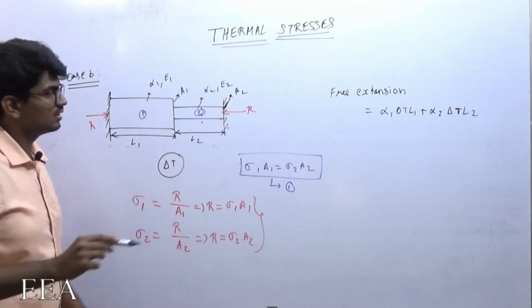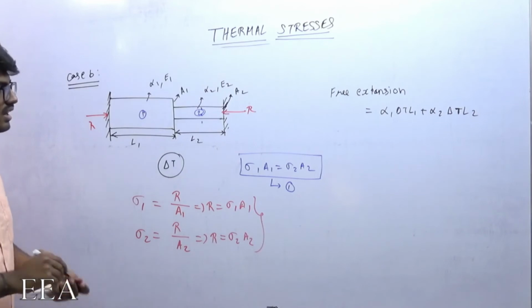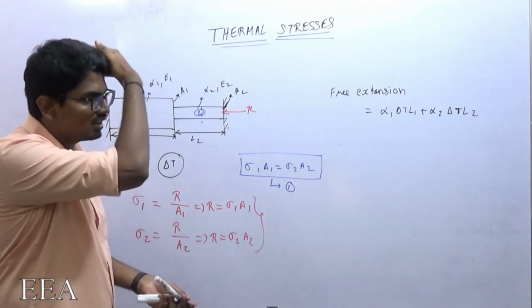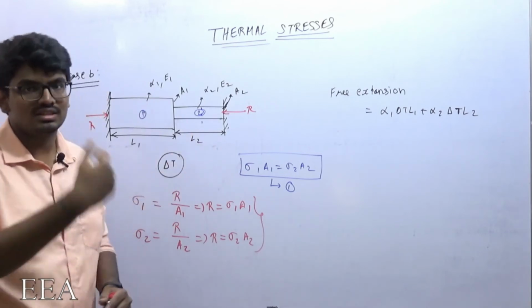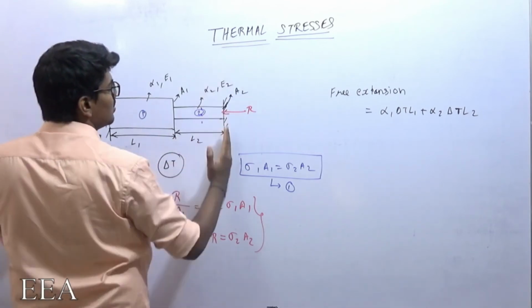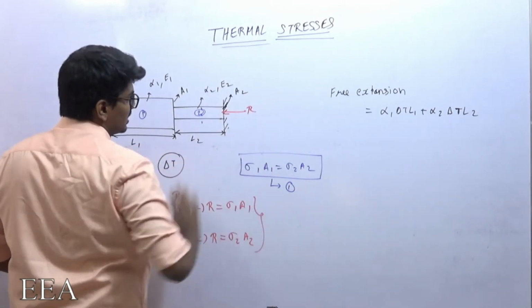Is it right? So free expansion of 1 plus expansion of 2, that is alpha 1 delta T L1 plus alpha 2 delta T L2. But this free expansion is restricted. It is getting restricted by using a reaction force here. This reaction force is restricting it, right?